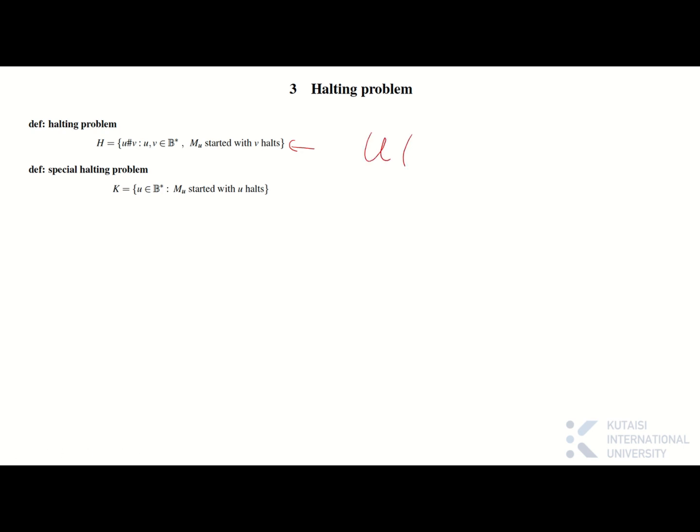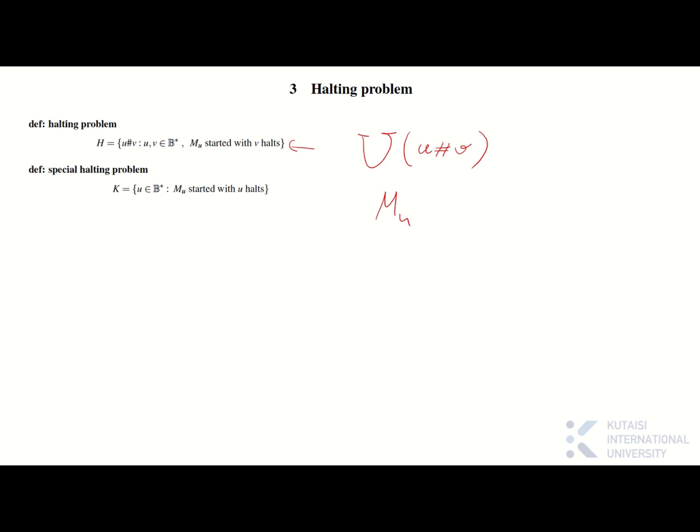So it should take an input U hashtag V. This is small u and big U, so let me write it differently. This is big U, and it takes an input small u and V. And what it's supposed to do is emulate MU. So u is a program, right?